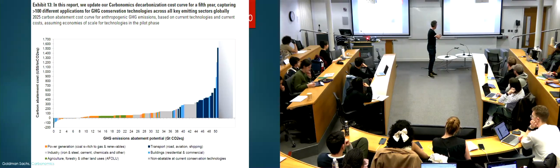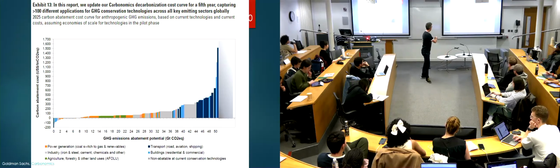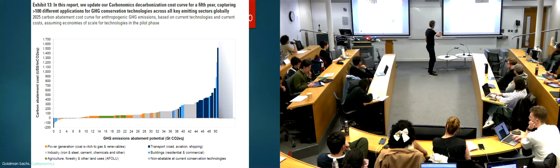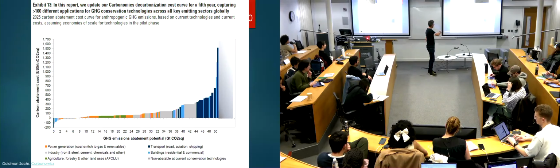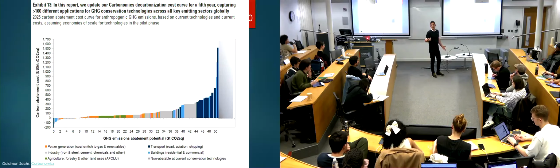We can avoid 2 gigaton of emissions per year with solar power. And we see here that the height of this column is how costly it is. So here they say for this, it's solar or wind, it's going to cost 50 euro per ton.